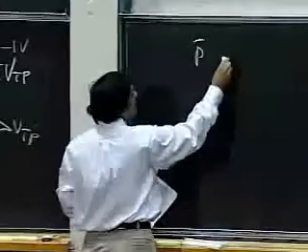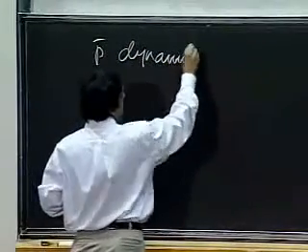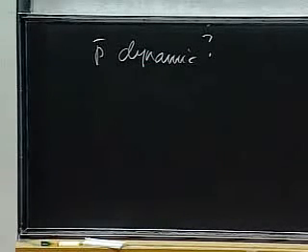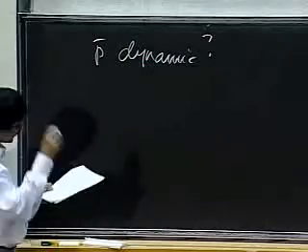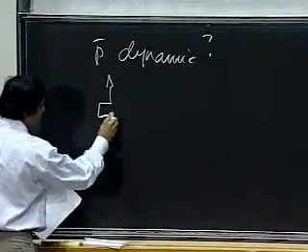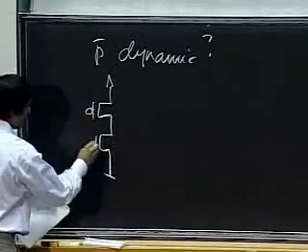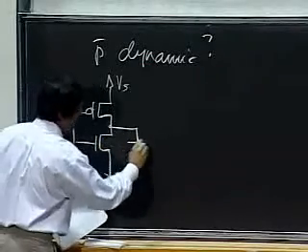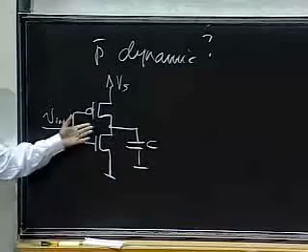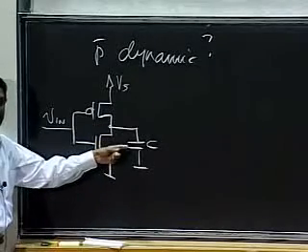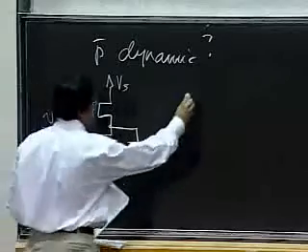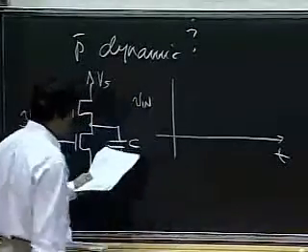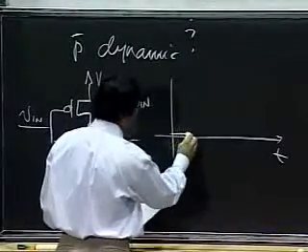So let's compute P. What is P dynamic? Let's use the method that we adopted in the last lecture and draw the equivalent circuit and compute the power. I'm going to model the following situation, and assume that I drive a capacitive load C. As an input, as I did the last time, I'm going to assume I have some input voltage, Vin, that looks like this.